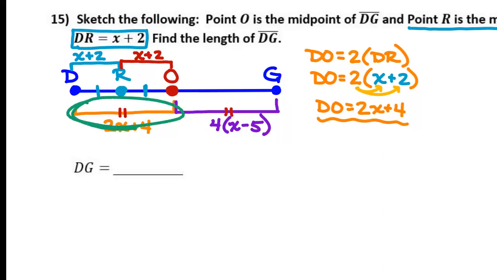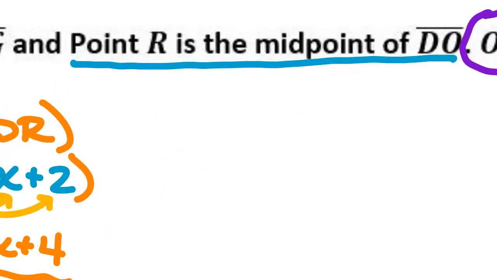We said that DO was the same size as OG. Those are congruent because O is the midpoint. So what does that mean about their lengths? They're equal. So I'm going to set those equal to each other.